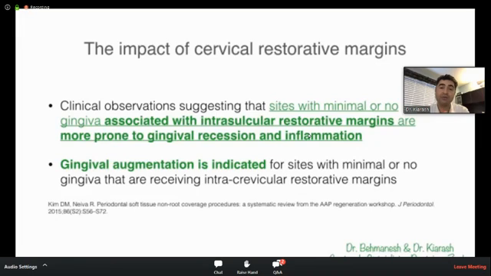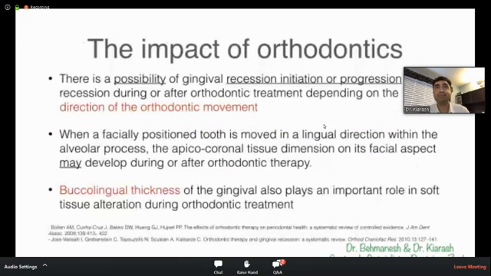And that could lead to further tissue breakdown, more recession, and which could eventually lead to more bone loss. So sites where a restorative margin is going to be placed subgingivally, those sites always need to be developed if they're inadequate in dimension. And I'm going to show you literature on a coming slide that talks about a couple of numbers for that.